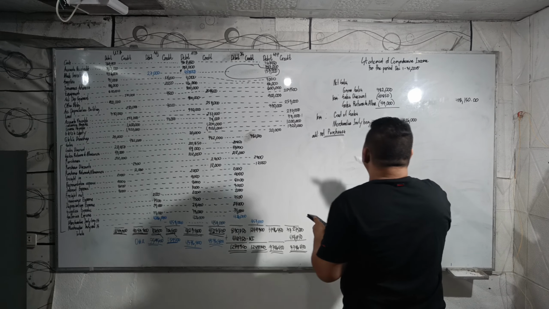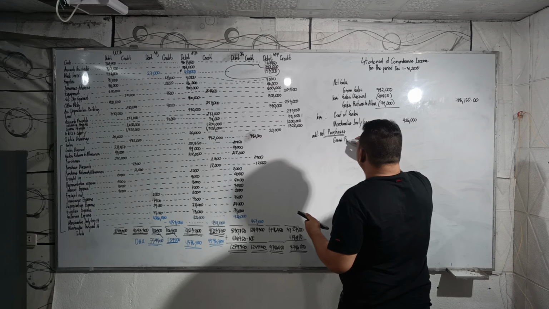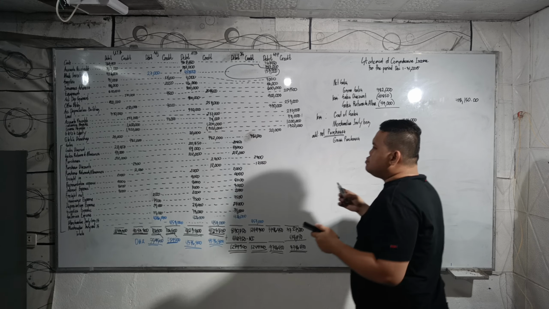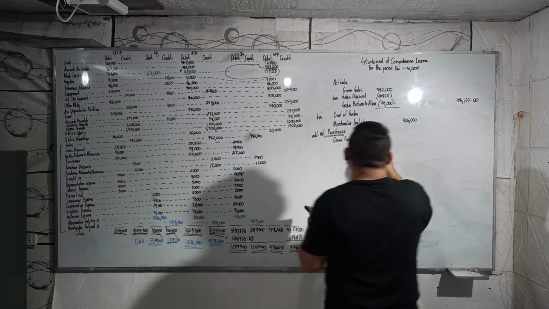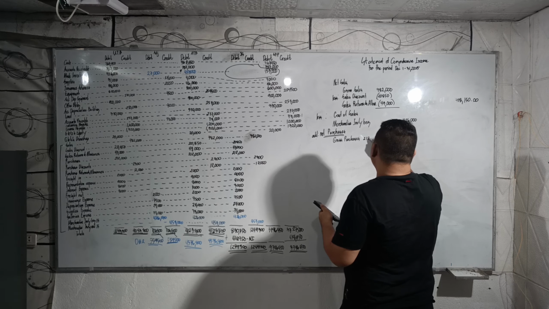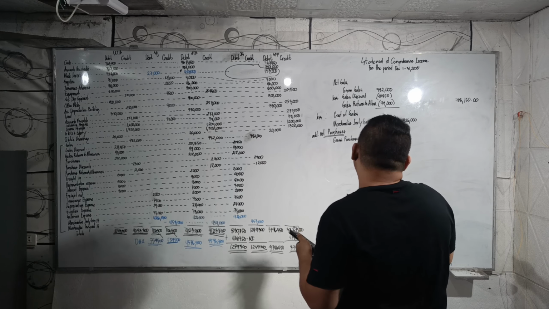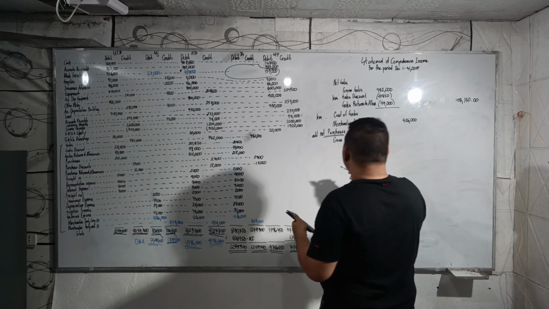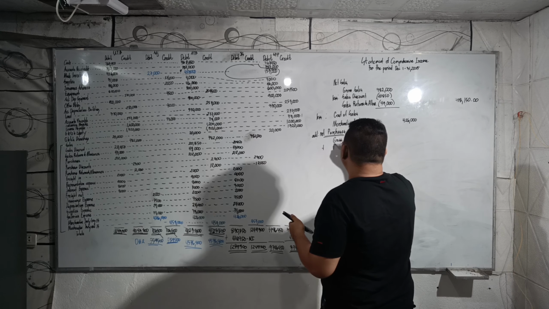However, the net purchases has its own computation. You start with the gross purchases. So in here, we have purchases of 212,000. However, that is not the net purchases. It's because you have to add the freight in.